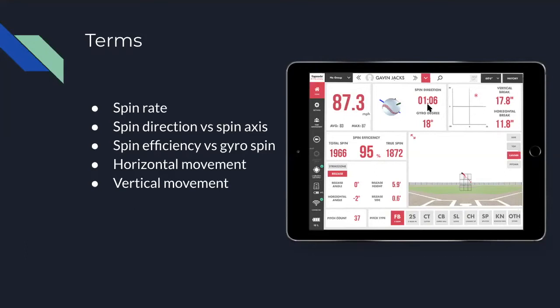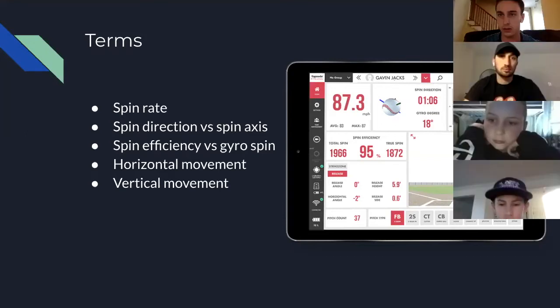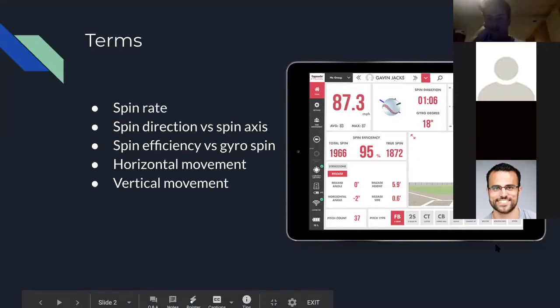So this is a fastball with a 1 o'clock or 1:06 spin direction. If you were to compare the direction that it's spinning to a clock, you would see it would be right around 1 o'clock. You guys with me so far? Yeah. Okay.